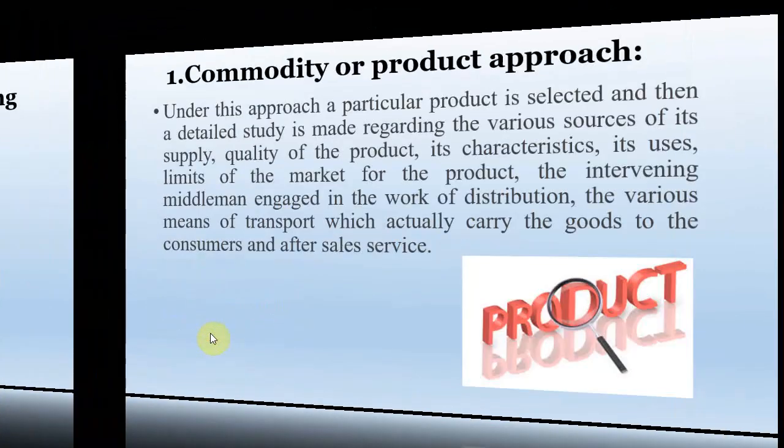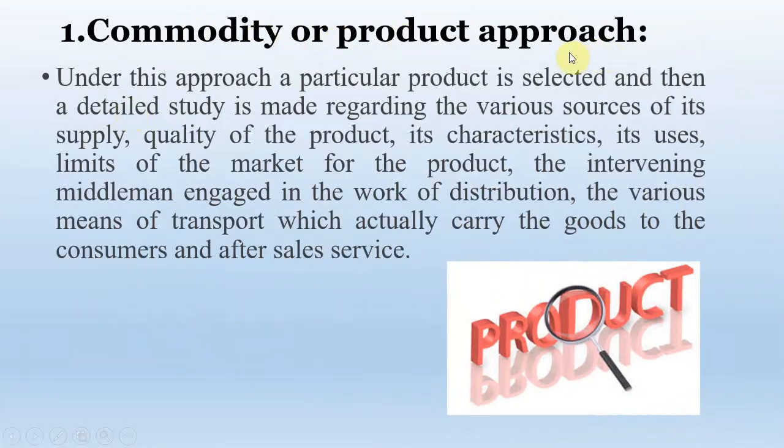So let's start. First one, commodity or product approach. Under this approach, a particular product is selected and then a detailed study is made regarding the various sources of its supply, quantity of the product, its characteristics, its uses, limits of the market for the product, the interviewing of middlemen engaged in the work of distribution, the various means of transport which carry the goods to the consumer, and after sales service.